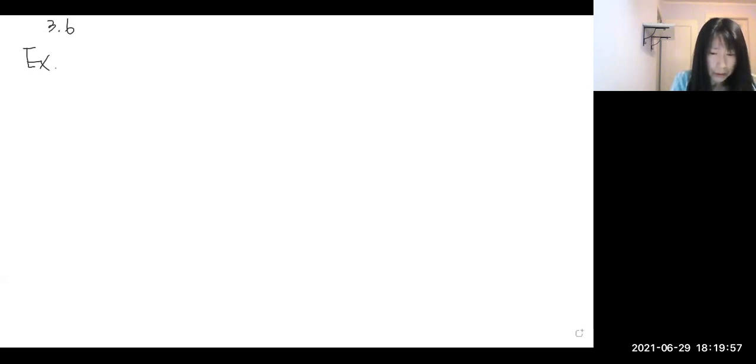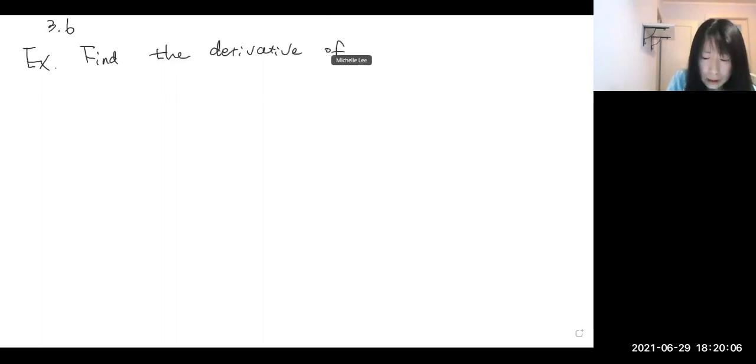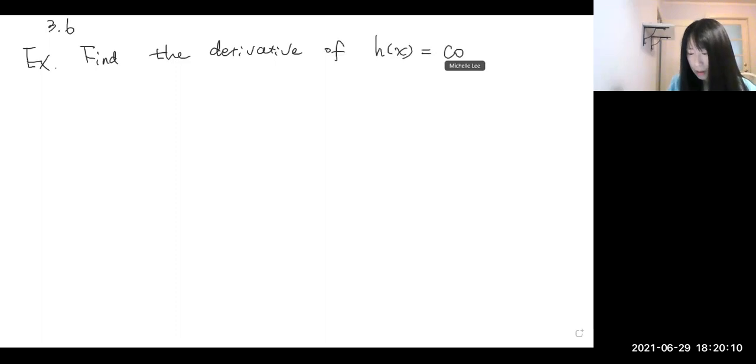Number... I'm losing the number. Derivative of h of x equal to cos... How about sine? Doesn't matter, cosine, sine. How about tangent?